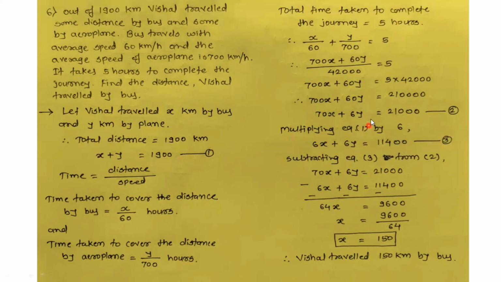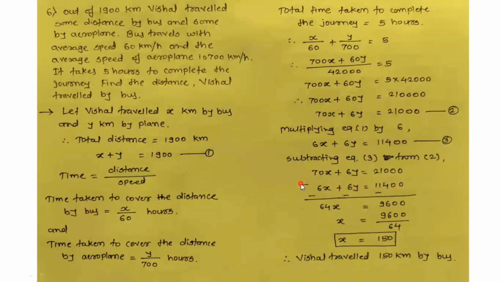If you compare equations 2 and 3, the coefficients of y are the same and the signs are also the same, so we have to subtract. That is, subtracting equation 3 from 2, we get 70x plus 6y is equal to 21,000, and we subtract the third equation, that is 6x plus 6y is equal to 11,400.